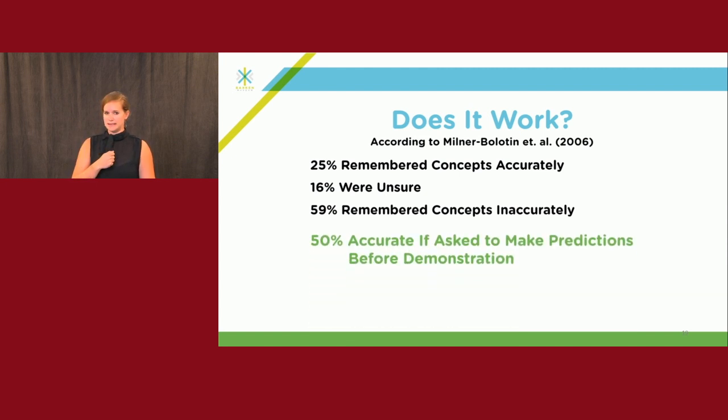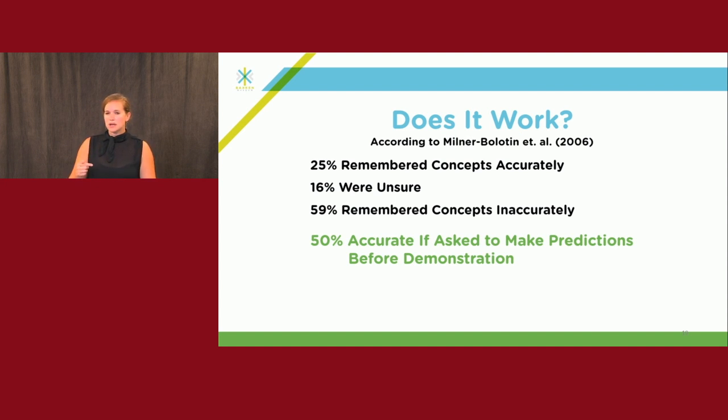And they said, look at this. We get up to 50% of people remembering things accurately if they are asked to make predictions before a demonstration starts. So just by engaging their brains, just by having them make that investment of taking a guess about what will happen, people are more likely to remember what will actually happen.